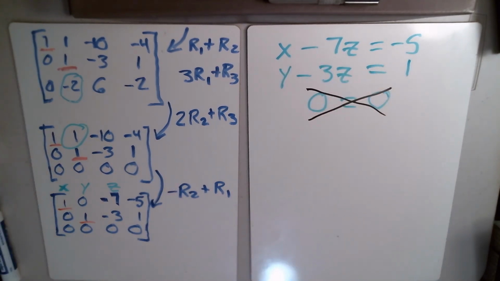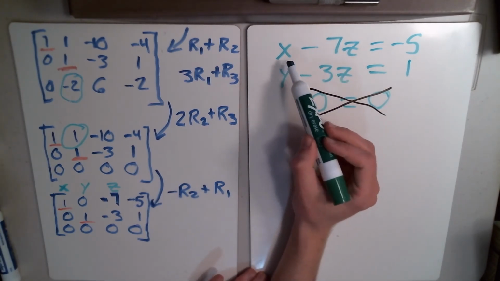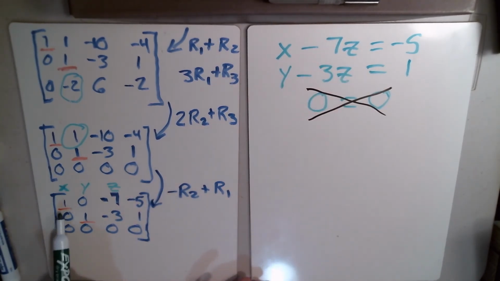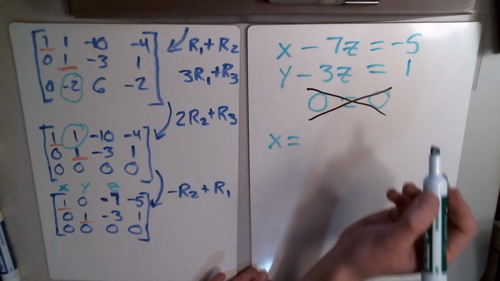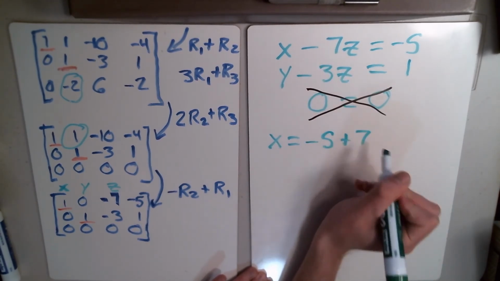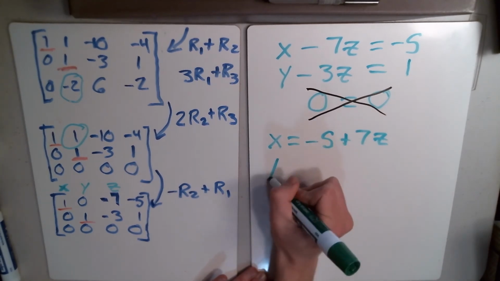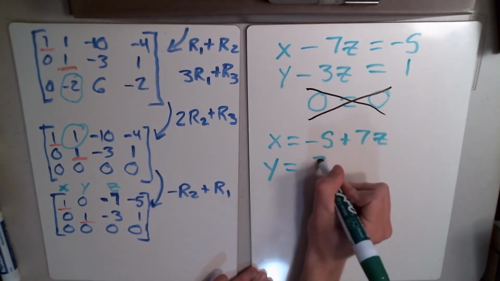And so if I solve them for the leading variables, the ones that correspond to the leading ones, I'm just going to solve for x here. I get x equals -5 and then plus 7z. And y would have to be equal to just adding 3z to both sides.